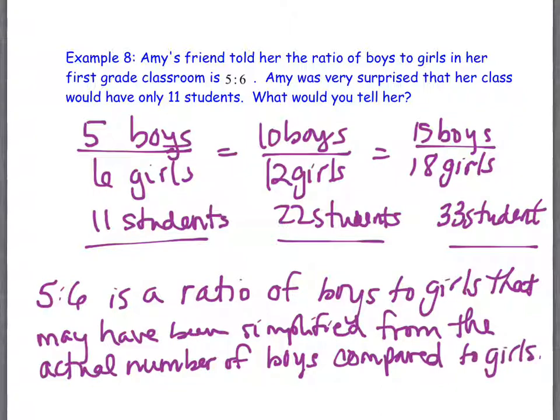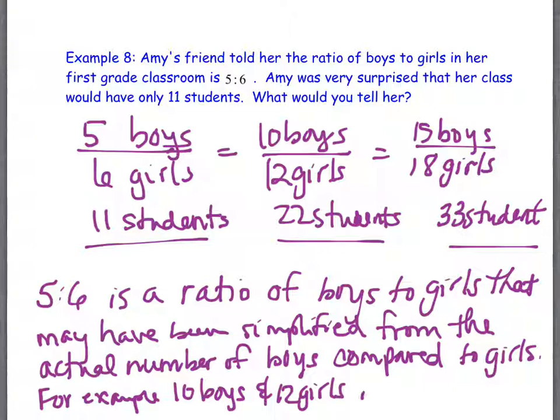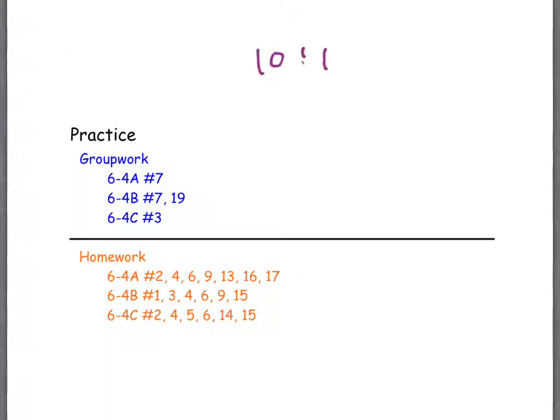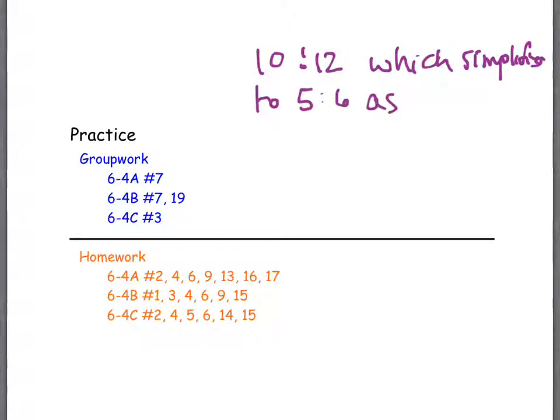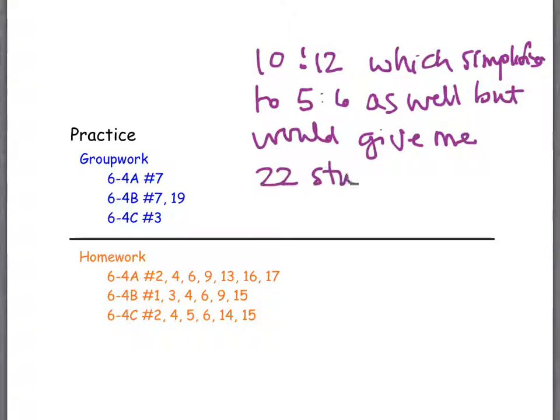And it would be wise for you to give an example that matches one of the ones you've talked about and say something like, for example, 10 boys and 12 girls is a ratio of 10 to 12, which simplifies to 5 to 6 as well, but would give me 22 students, not just 11.